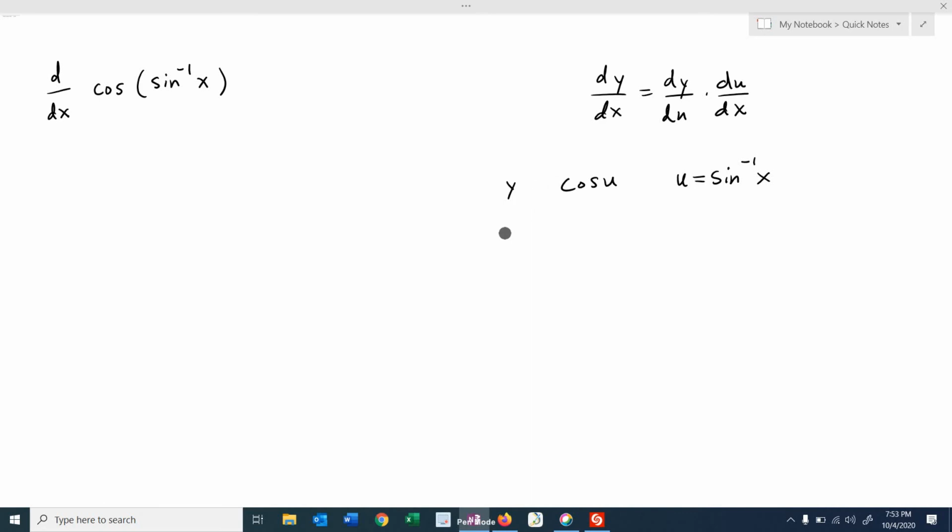Let's find dy du. The derivative of cosine of u with respect to u is minus sine of u. Then let's replace the u, so we get minus sine of arcsine of x.